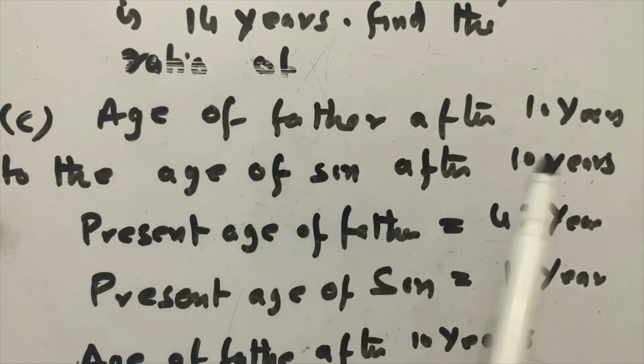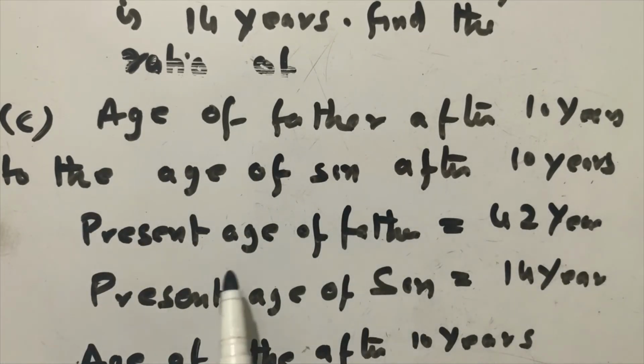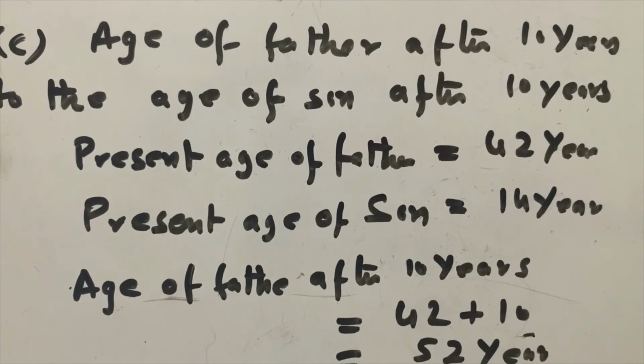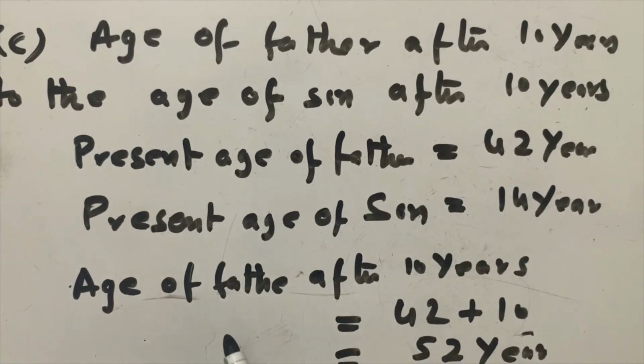We have to find the age of father after 10 years to the age of son after 10 years. The present age of father is 42 years and present age of son is 14 years. So we have got the age of father after 10 years is 52 years.